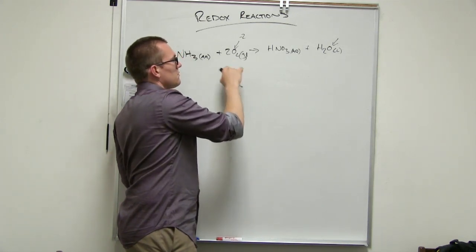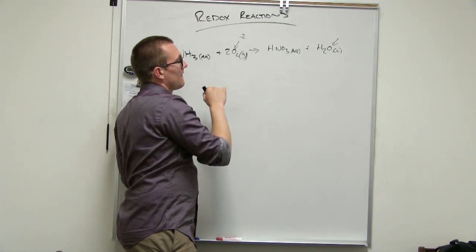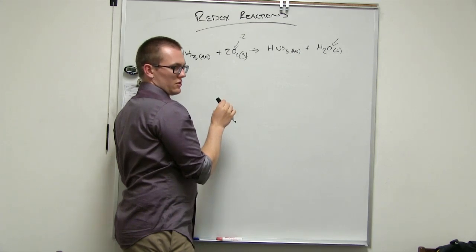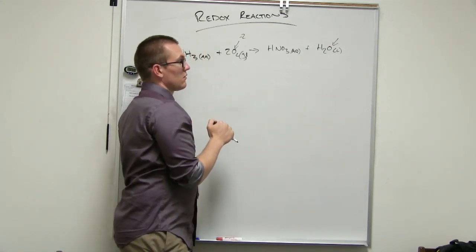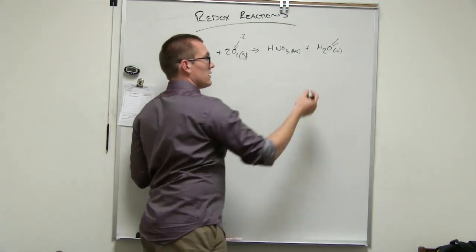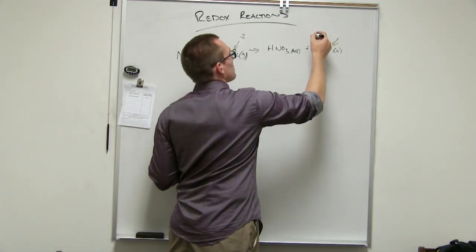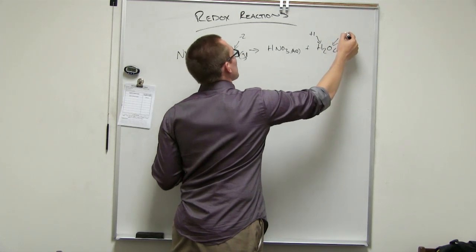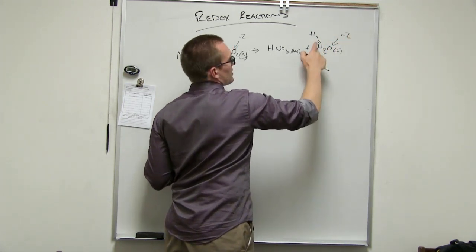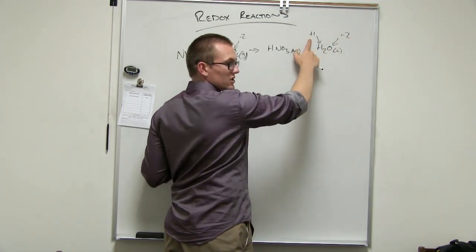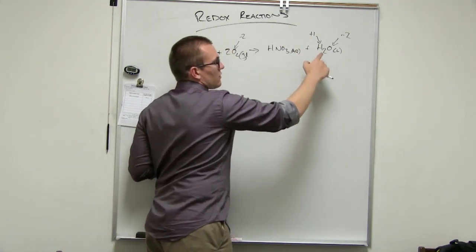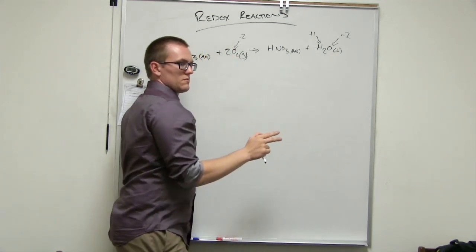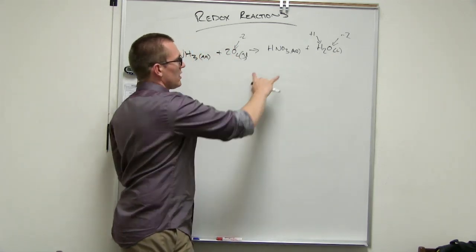The only way it would change is based on the partners it's with. Because the H's are always +1 with a nonmetal and you have 2 of them, it's still going to be -2. So oxygen didn't change here.